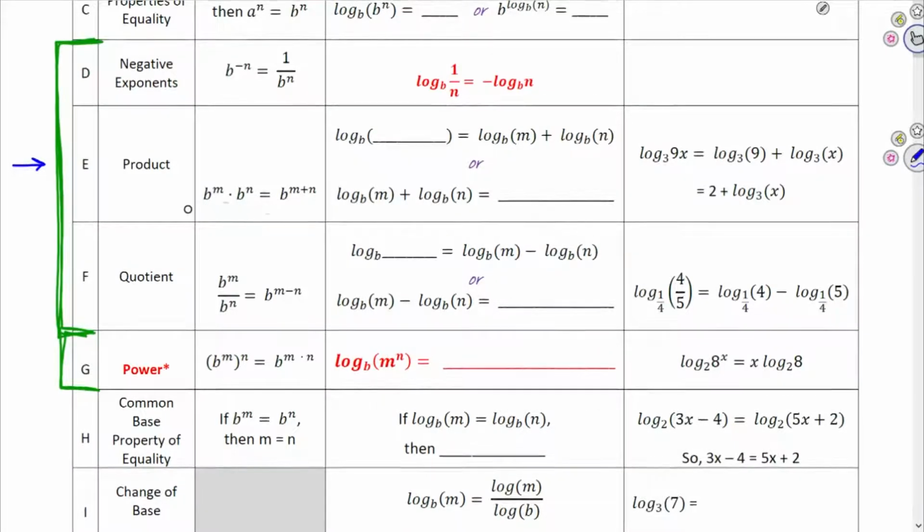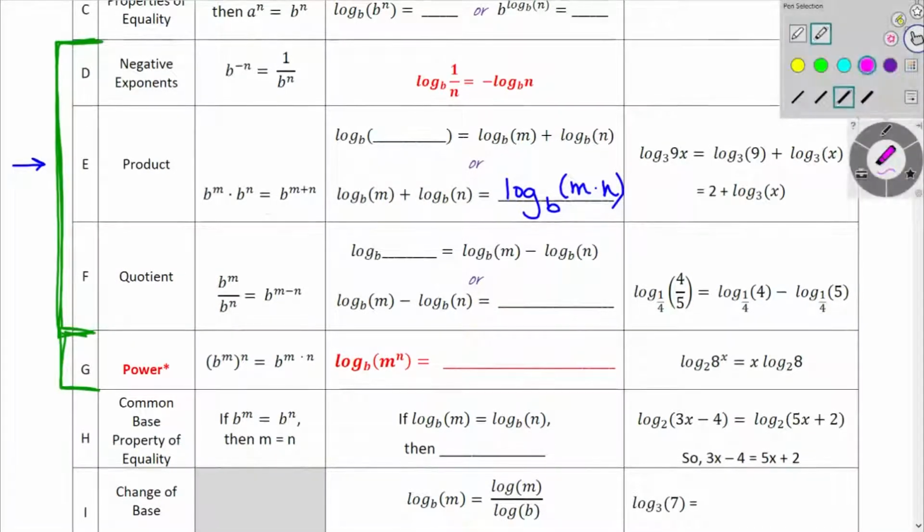What that looks like as logarithms is that the log base b of m plus the log base b of n is equal to the log base b of m times n. Because the log base b of m is an exponent and the log base b of n is an exponent, adding the exponents is the same as multiplication between two numbers.